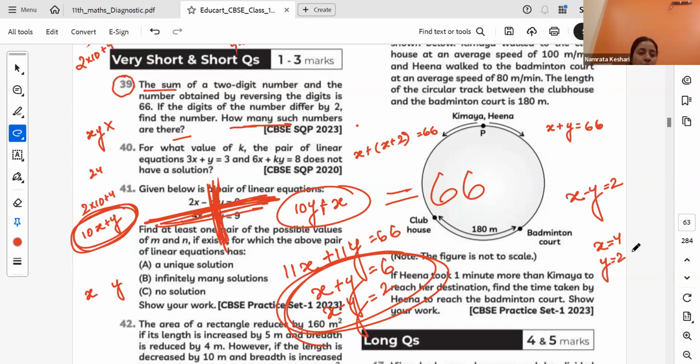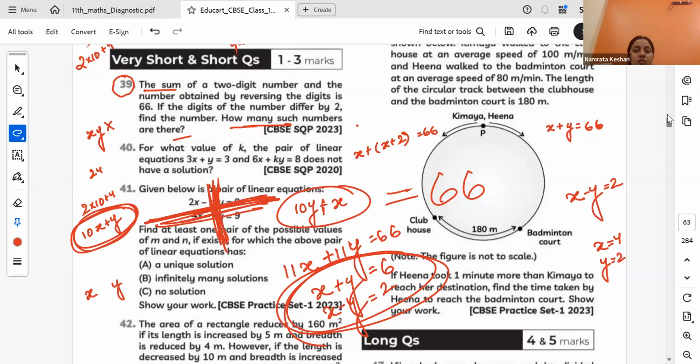So actually our two-digit number we have assumed as 10x plus y. Okay, great. Randomly I have taken one example, 24 and 42, and it is clicking over here, but I didn't know the answer. Randomly I have taken that number only.